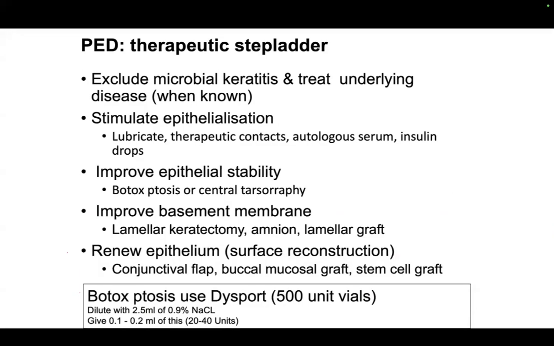So just to run through that step ladder again: exclude infection, stimulate epithelialization. So we're going to prescribe lubricants, maybe consider therapeutic contact lenses, autologous or allogeneic serum drops. It's very rare that we prescribe autologous serum drops now. The rate-limiting step is that the patient has to give blood, and that takes a lot of time.